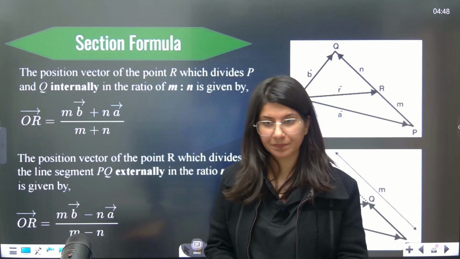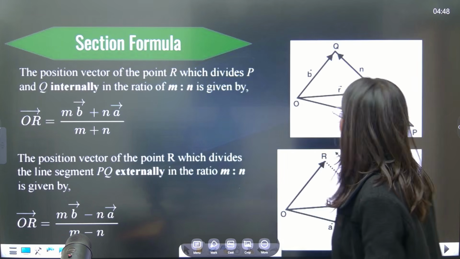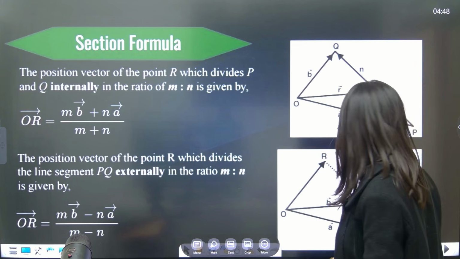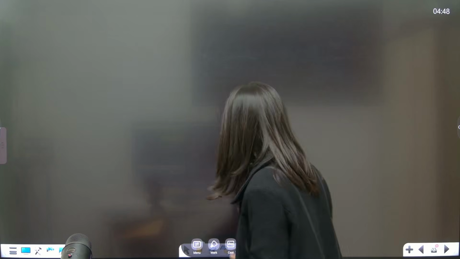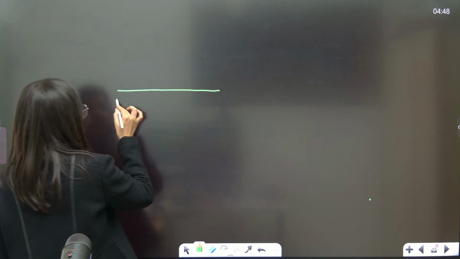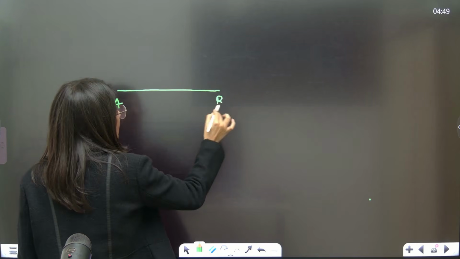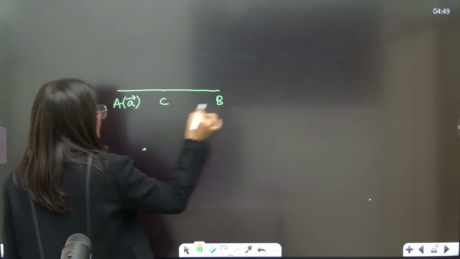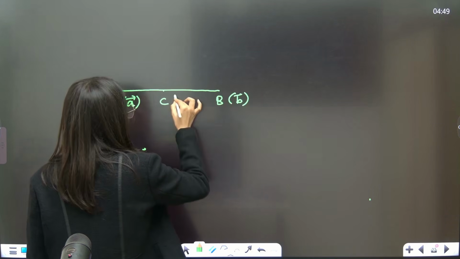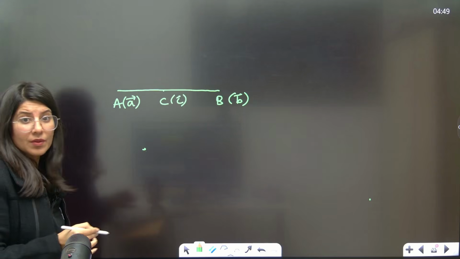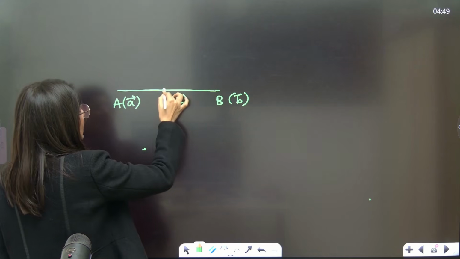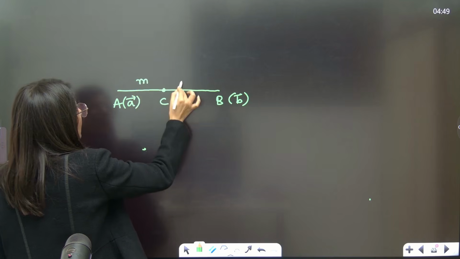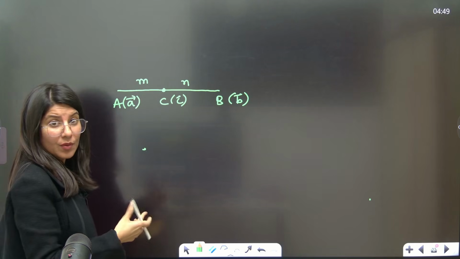Section formula. Let me just give a very simple explanation of section formula. Suppose you are having this A, this is your B, this is your C. Position vector of A is A, position vector of B is B, position vector of C is C. Now, C is the point which divides the line joining AB in m is to n ratio, okay?